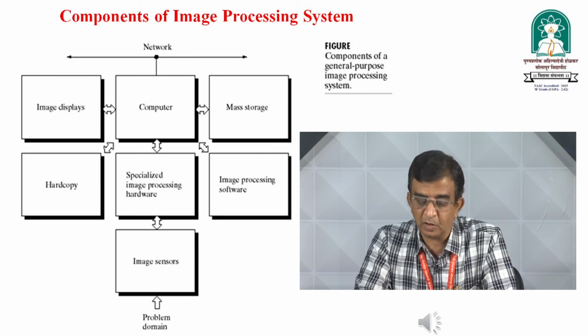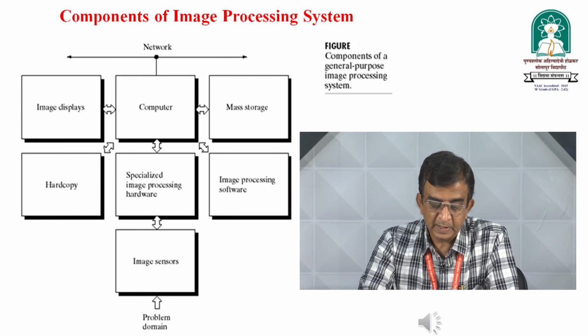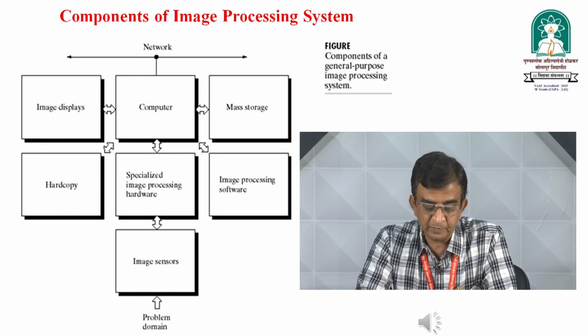One example of how an ALU is used is in averaging images as quickly as they are digitized for the purpose of noise reduction. The next component, the computer. The computer in an image processing system is a general purpose computer and can range from a personal computer to a supercomputer. Next component is the software.